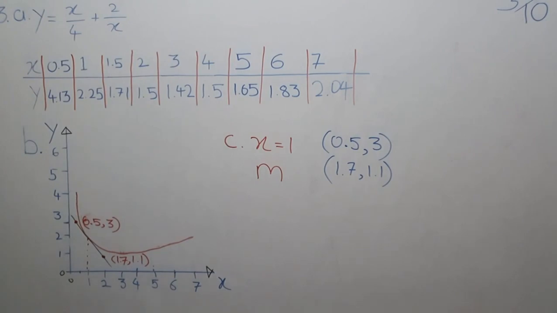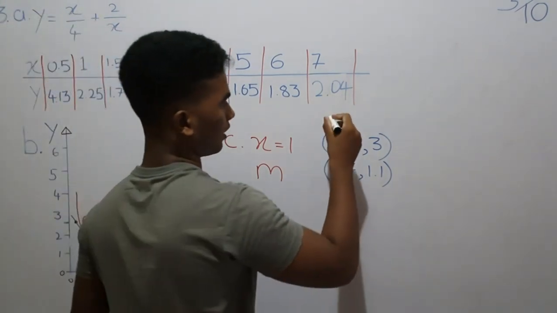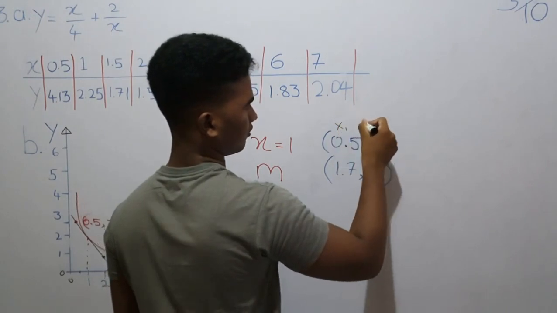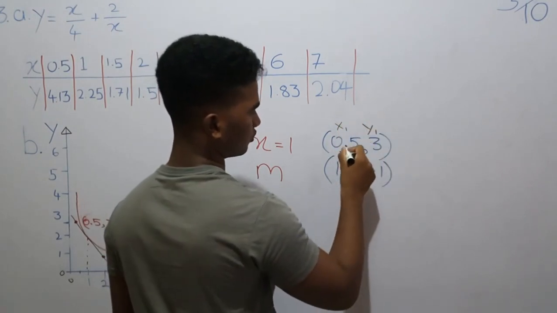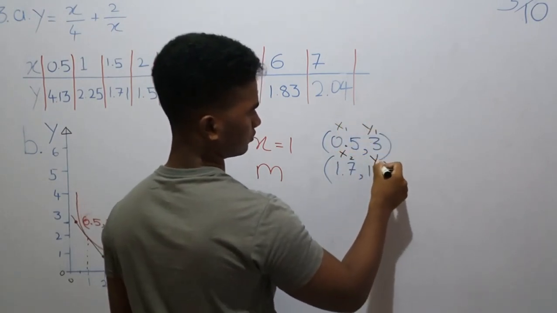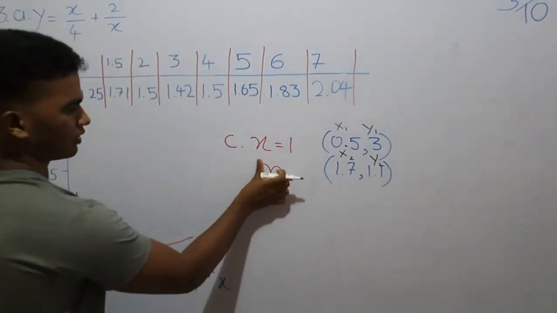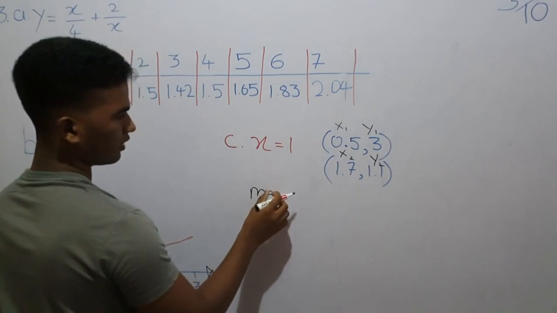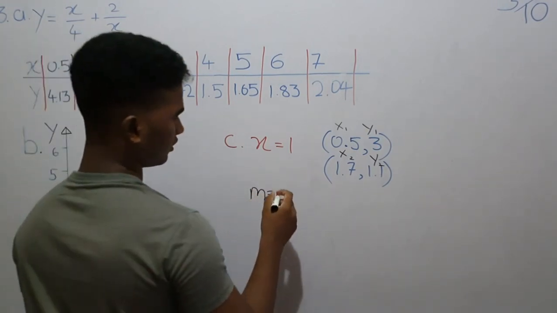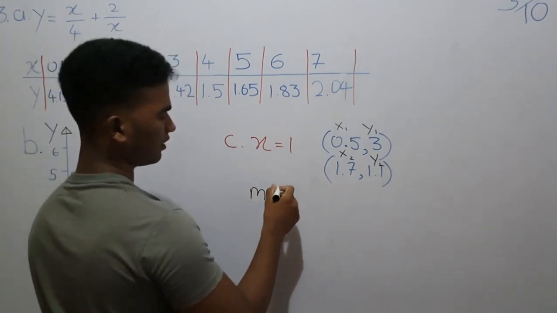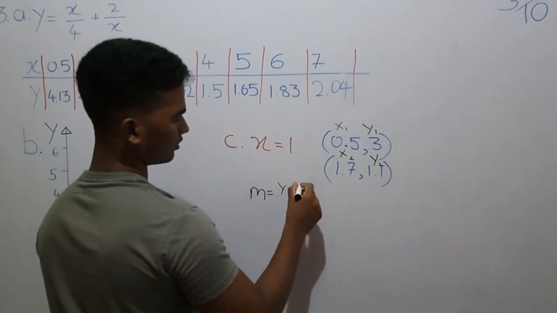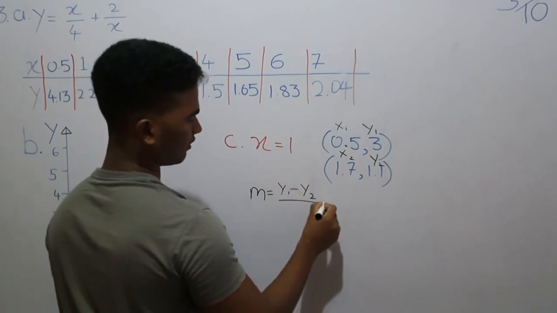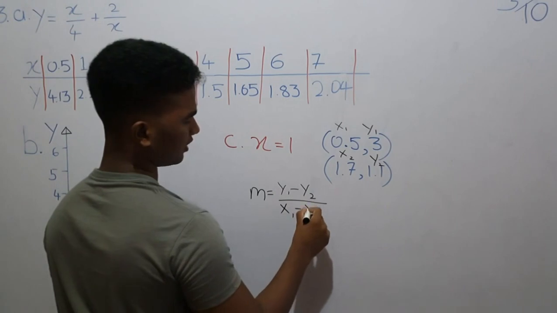So we'll calculate the gradient now. If it is confusing, first mark this as x1, y1 and this as x2, y2. So the tangent gradient m is y1 minus y2, whole thing divided by x1 minus x2.